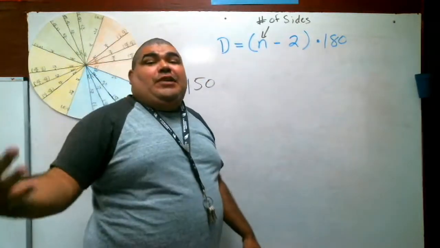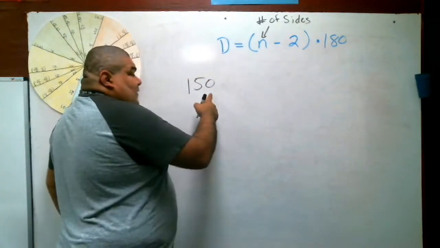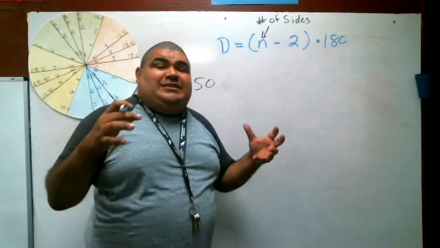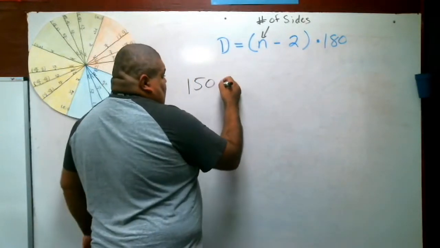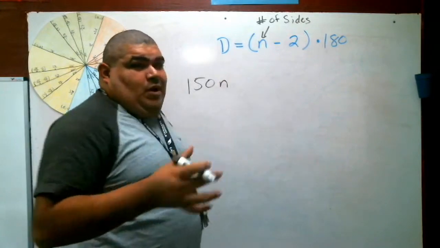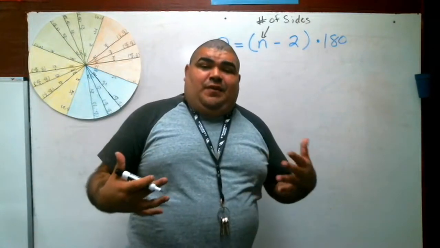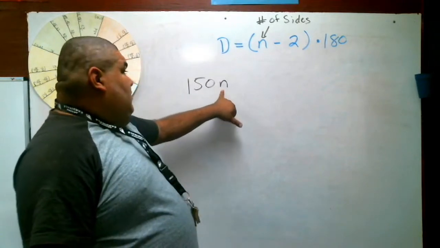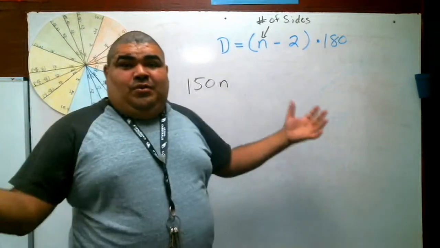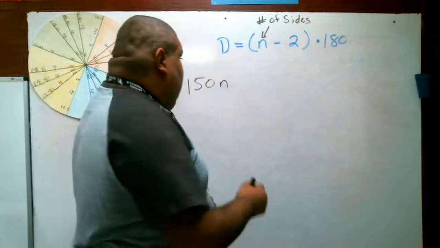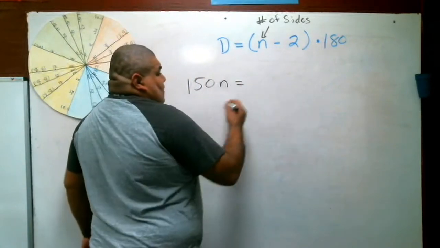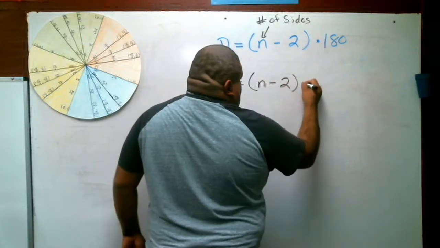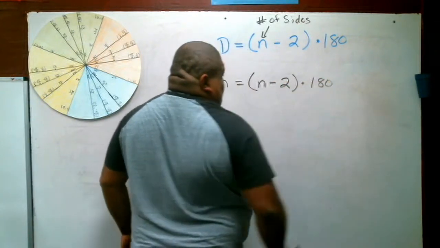That's what we're trying to figure out. So we have 150 times n, since we have to find how many sides, equals n, the number of sides, minus 2 times 180.